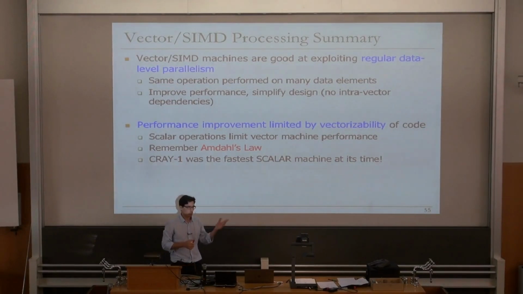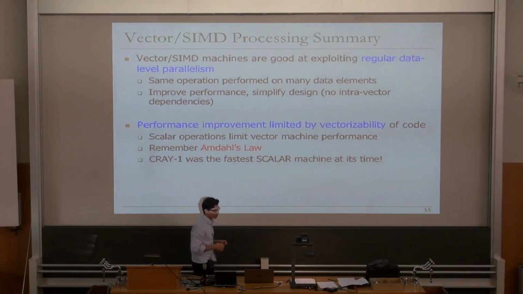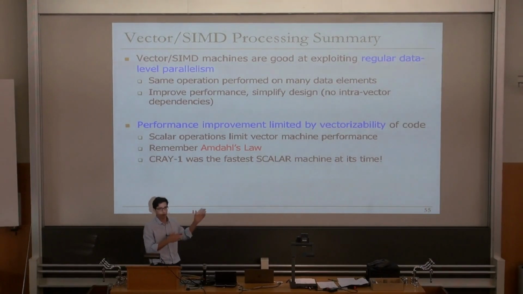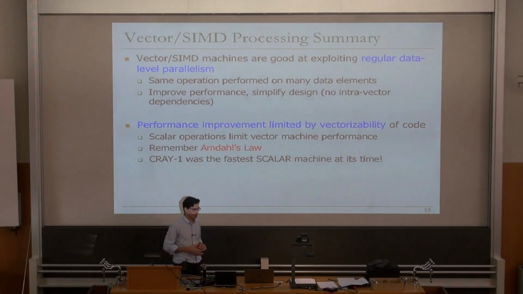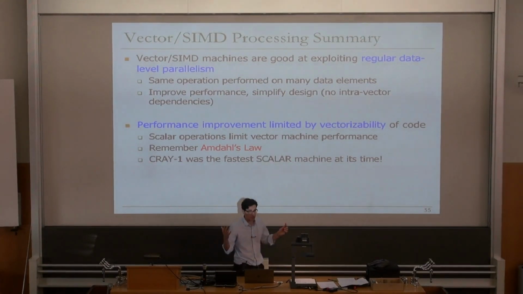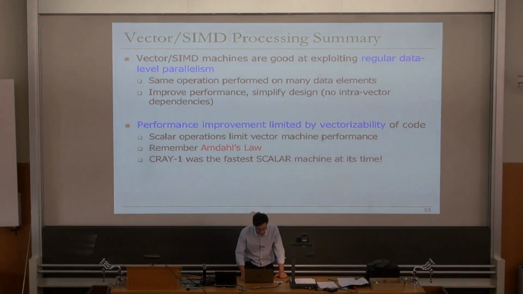I'm pretty sure that you're already familiar with Amdahl's law, and you must know, for example, that if 10% of your code is not vectorizable, the maximum speedup that you can get, even though you have 1 billion vector lanes, will be 10x. So that's why the CRAY 1 was also the fastest scalar machine of its time.